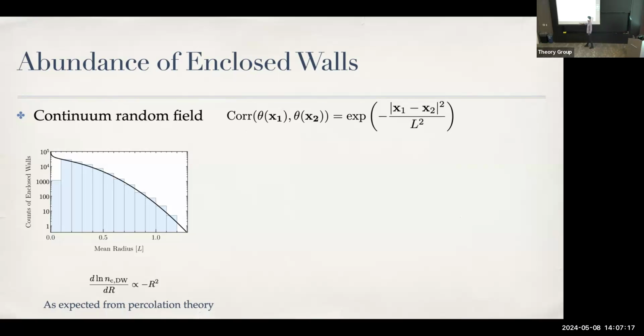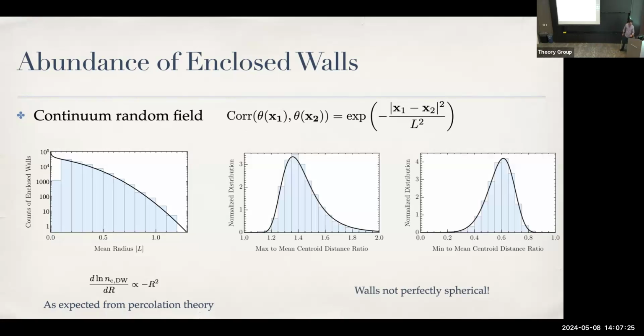So this is another expectation from percolation theory that agrees with the discrete case shown previously. So again, you get roughly 1 per 1,000 horizons of order the correlation length, of order the horizon size, but you can get a distribution of enclosed walls that are much bigger than the horizon, though they decrease in number density.